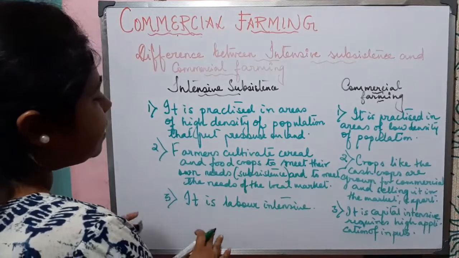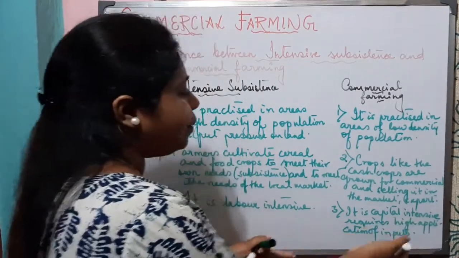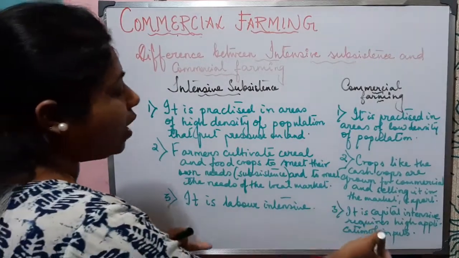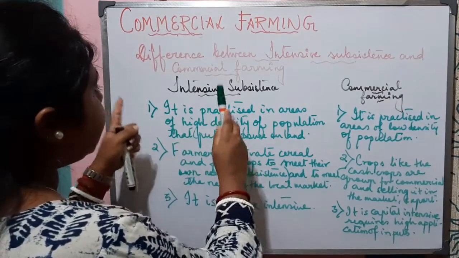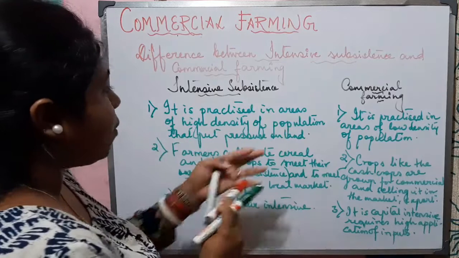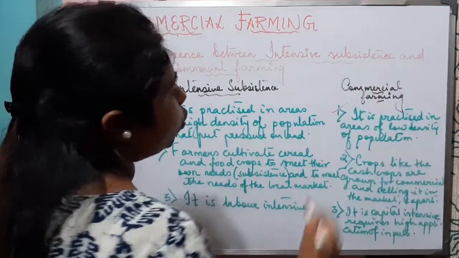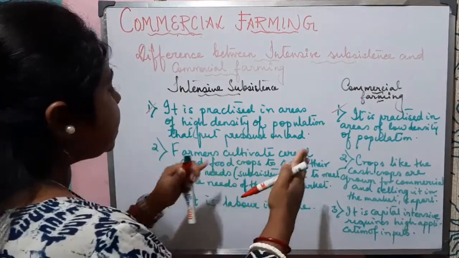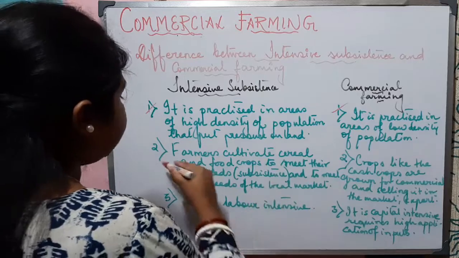So what we can see is that intensive subsistence farming is practiced in areas of high density of population where it puts pressure on land, and commercial farming is practiced in areas of low density of population. Here the farmers cultivate cereal and food crops to meet their own needs and the needs of the local market.